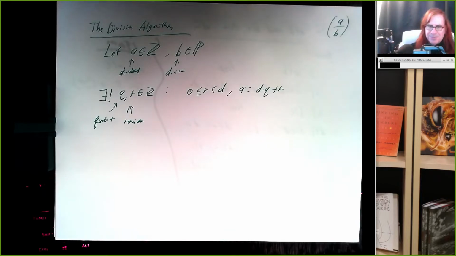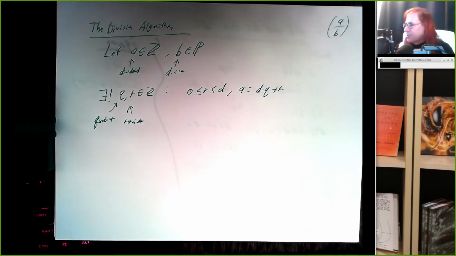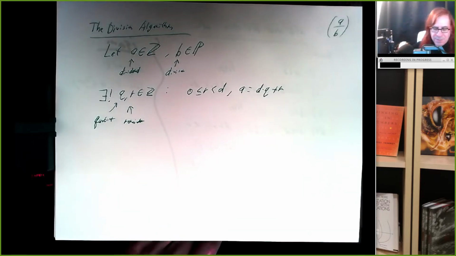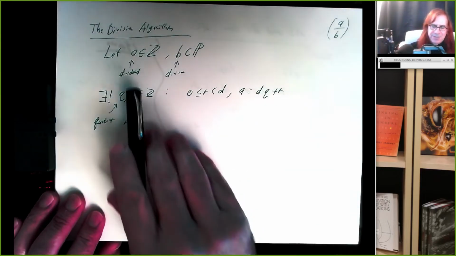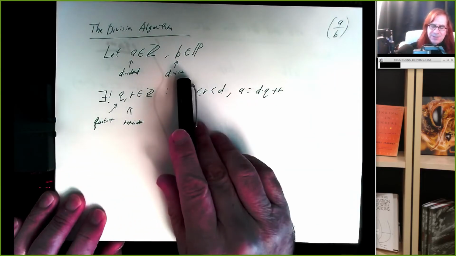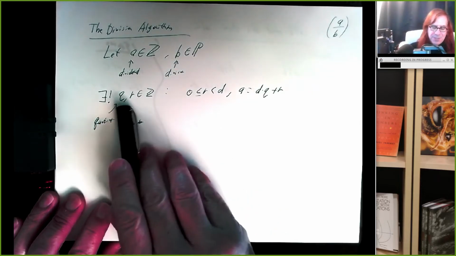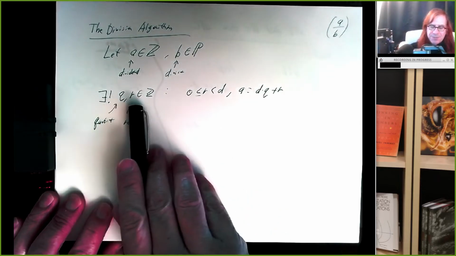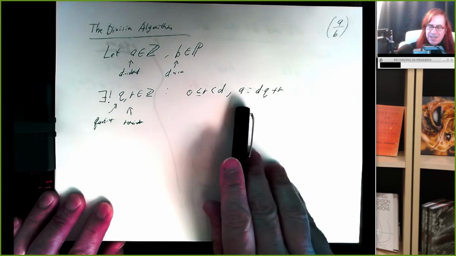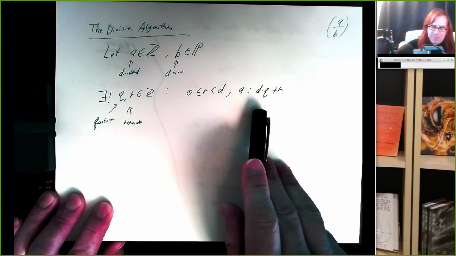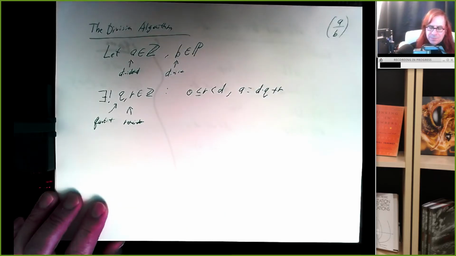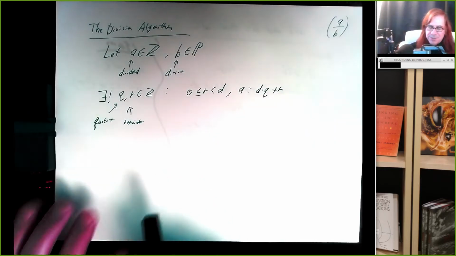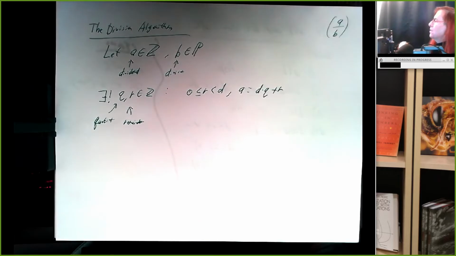Alright, so this is probably not terribly inspirational. But this is the formal definition of the division algorithm. Given an integer A and a positive integer D, there's a unique pair of integers, a quotient and a remainder, such that A can be written as something times our quotient.